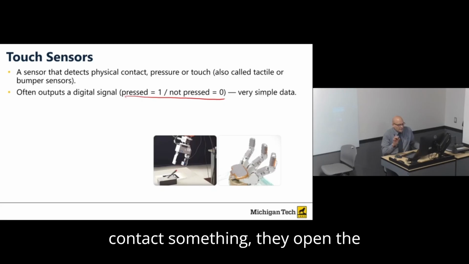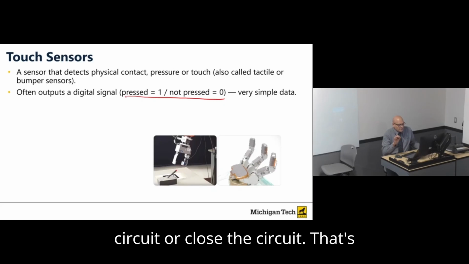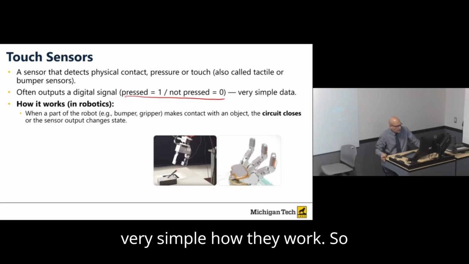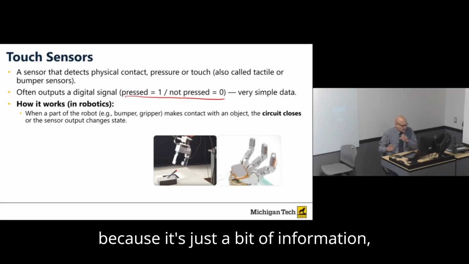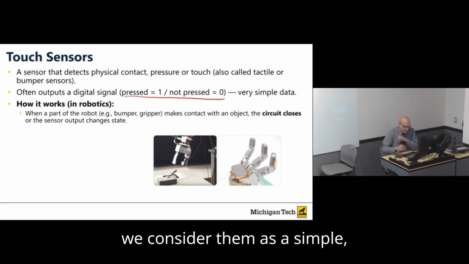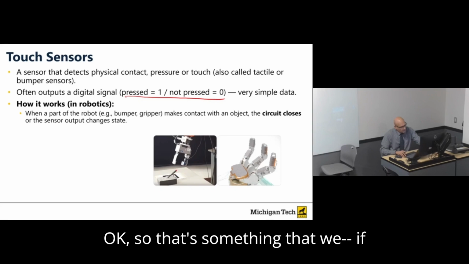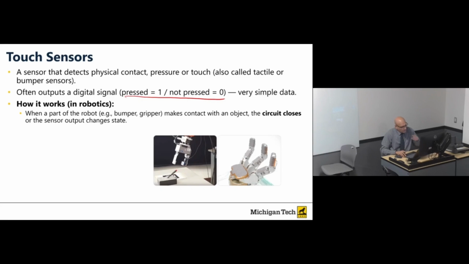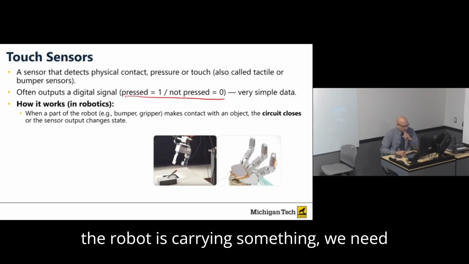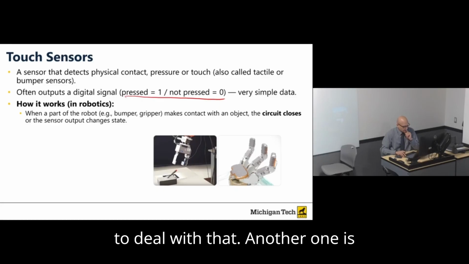If they contact something, they open the circuit or close the circuit. That's very simple how they work. So because it's just a bit of information, we consider them as simple sensors. If the robot is carrying something, we need to deal with that.